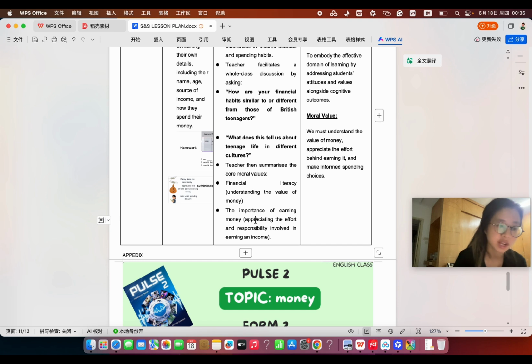Secondly, appreciation of effort, which helps students recognize that earning money requires responsibility and hard work. Through the whole lesson, students not only develop reading, listening, speaking, and grammar skills, but also gain practical knowledge about financial responsibility that can be applied in their everyday life.